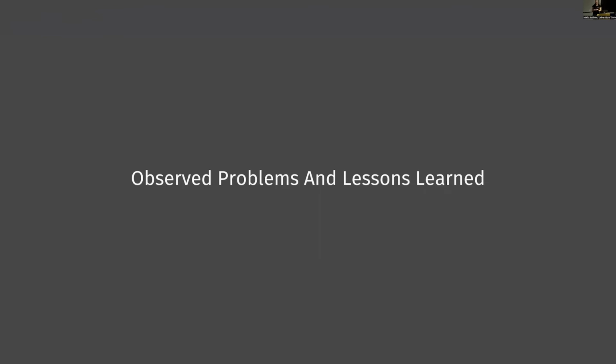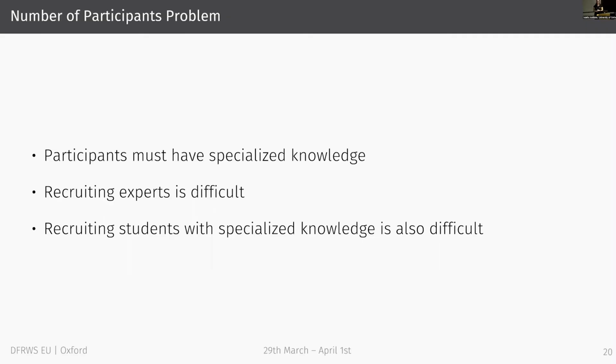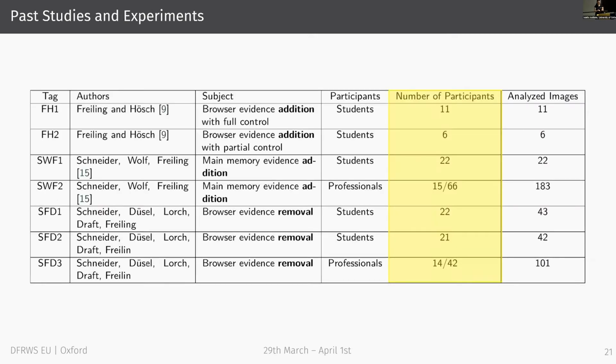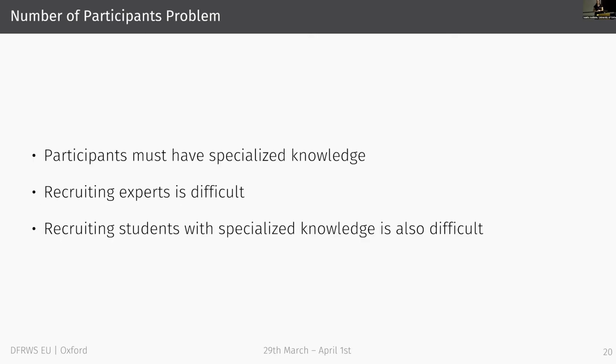Okay, since I want to tell you what we've learned from our experiments to improve them, I would like to talk about the problems we encountered and the lessons learned we derived from that. So the first thing we have to talk about is the number of participants. Participants in these kinds of experiments have to have specialized knowledge, and recruiting experts is pretty difficult. But also recruiting students with specialized knowledge is difficult.